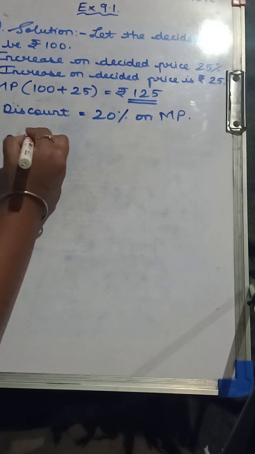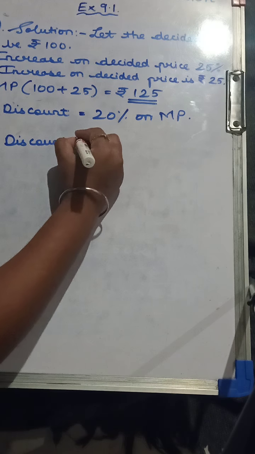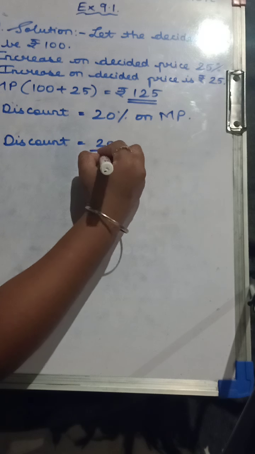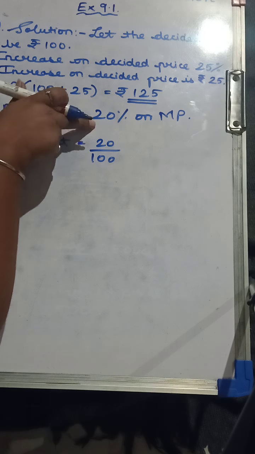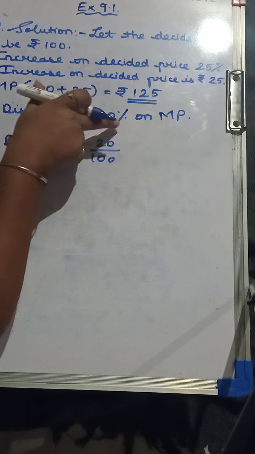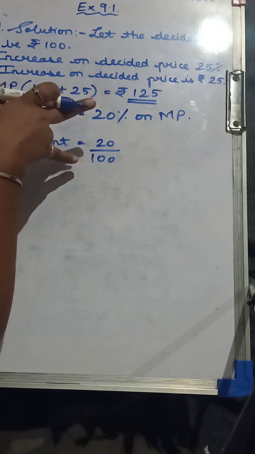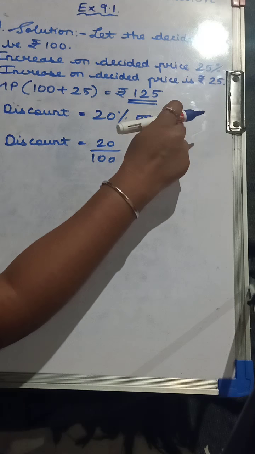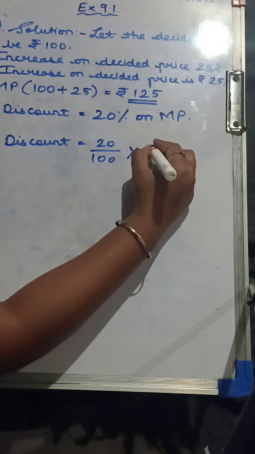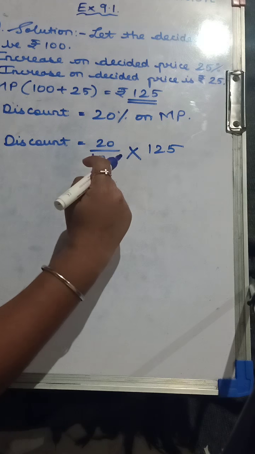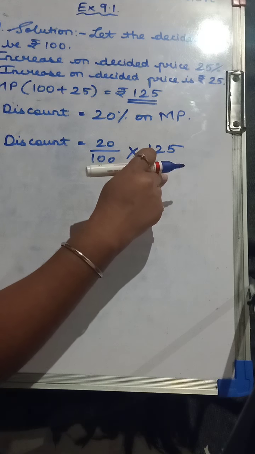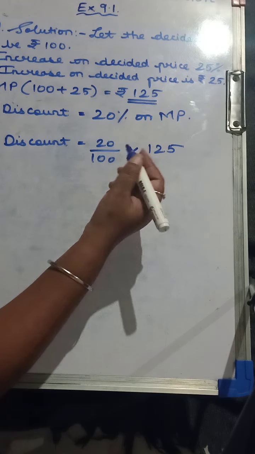So we will take discount is equal to 20 upon 100. Why? Because 20% is always written with 100 in the denominator, multiplied by the mark price, which is 125. So 20 upon 100 multiplied by 125.